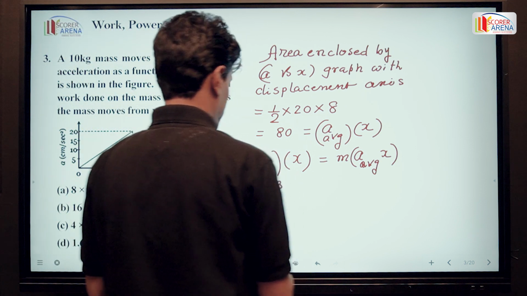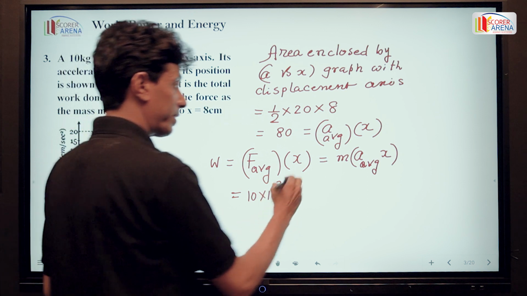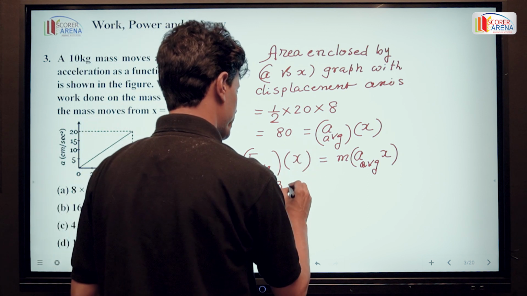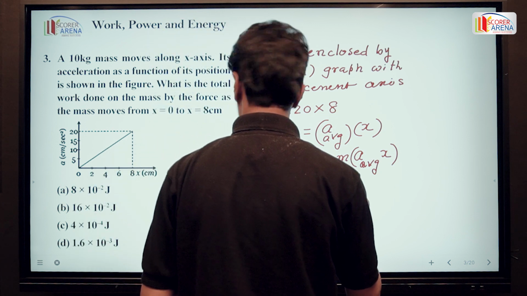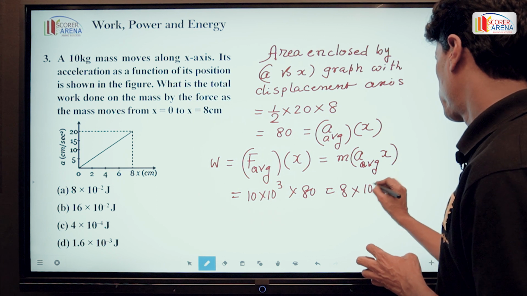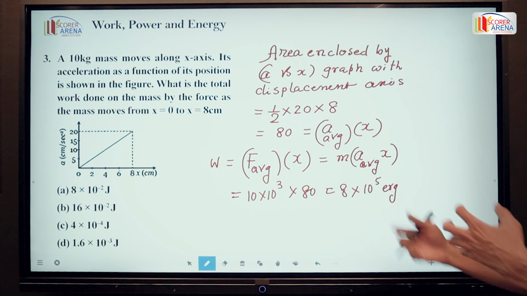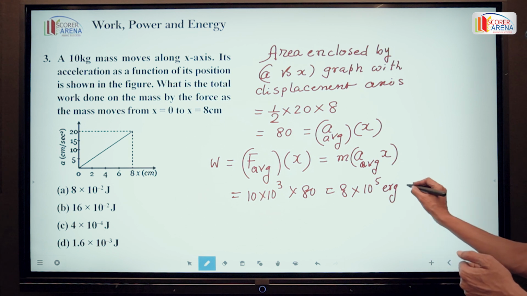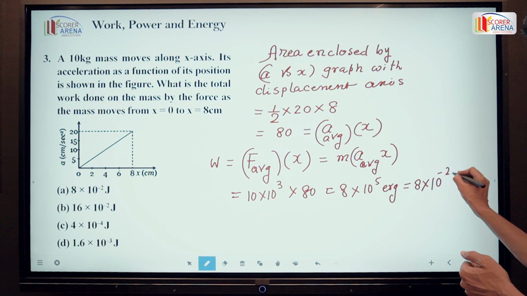So the mass of the particle is 10 into 10 to the power 3 and average acceleration into displacement equal to 80. So therefore this is 8 into 10 to the power 5 erg. And if we convert into joule, this becomes 8 into 10 to the power minus 2 joule.